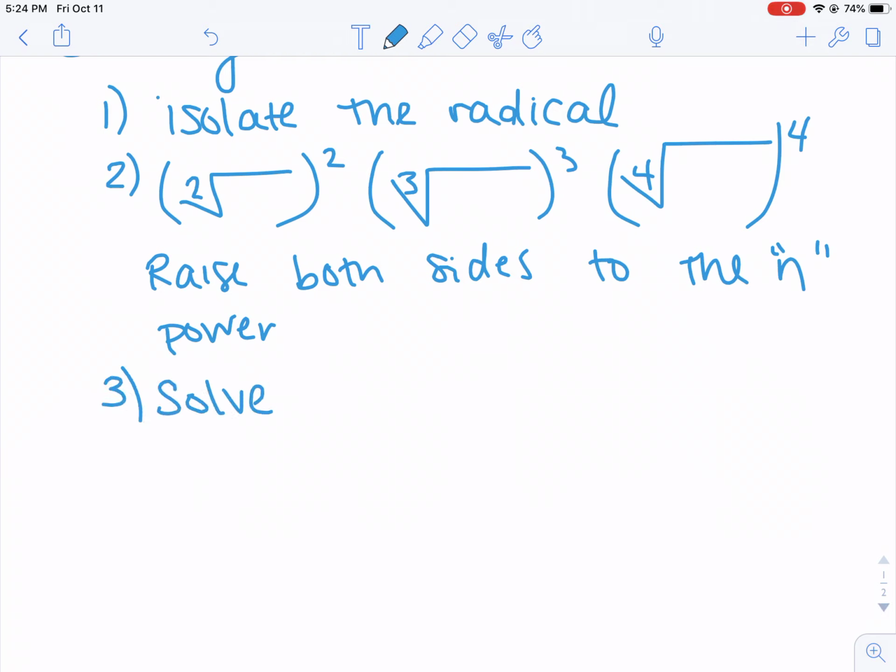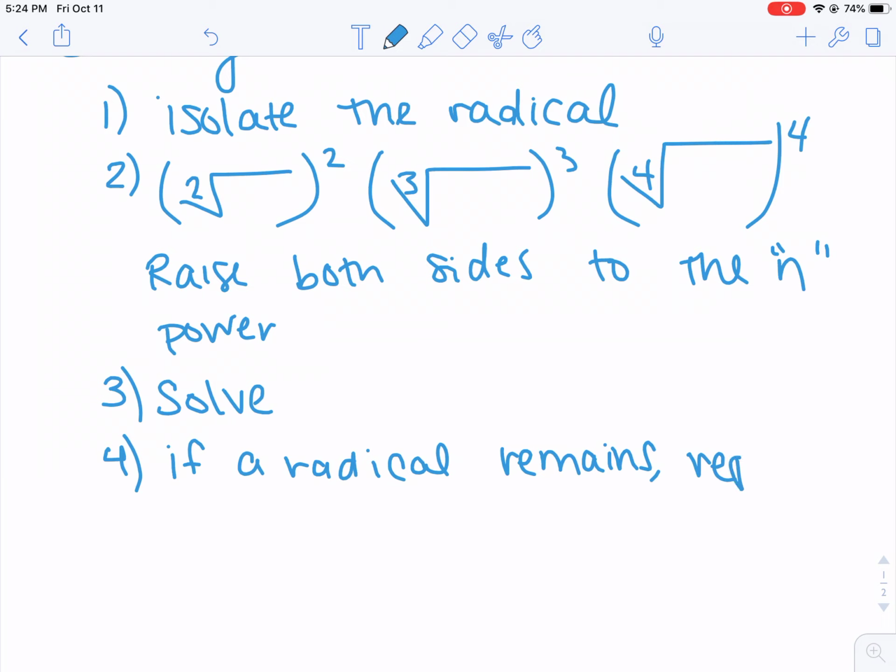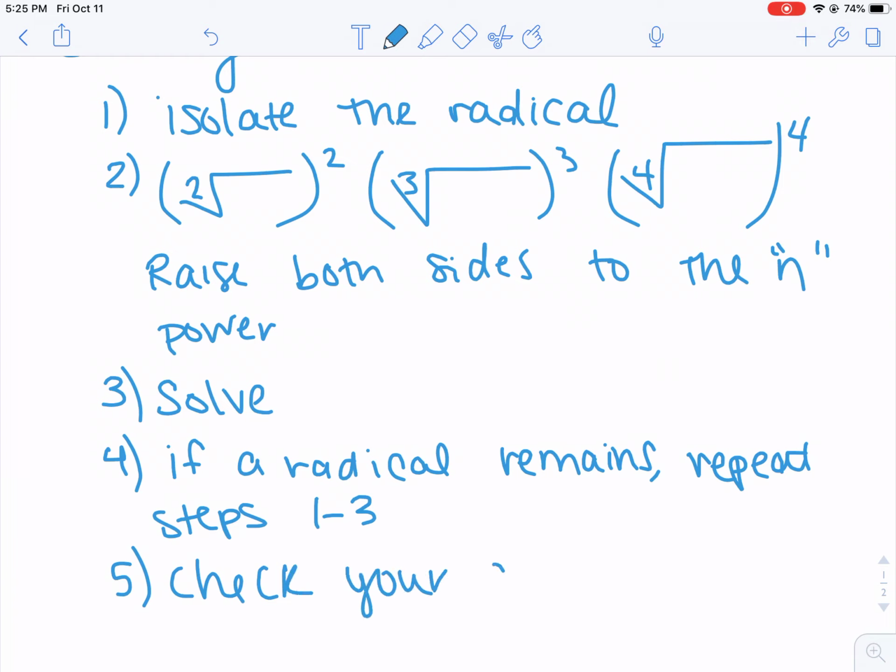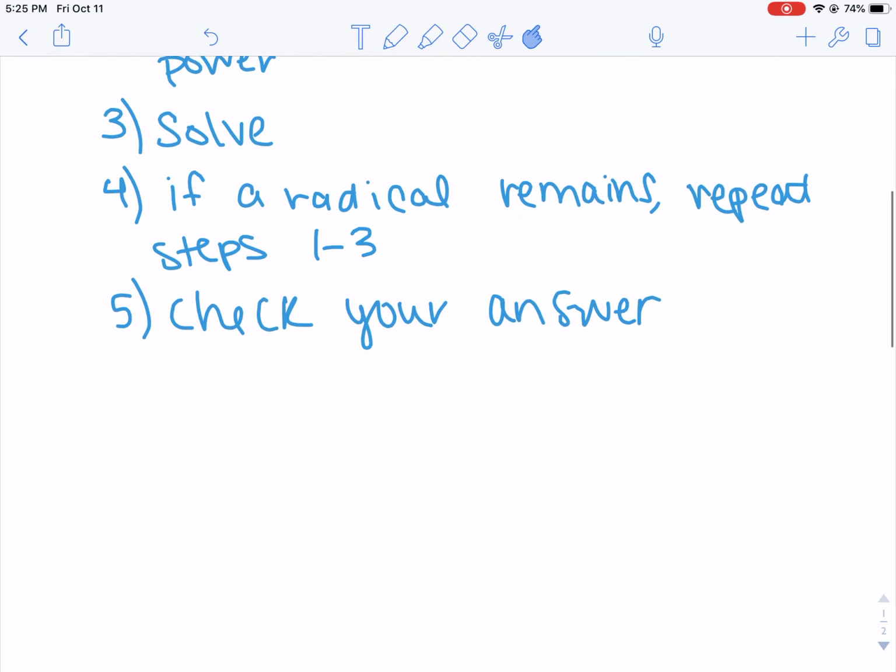If there's a radical still, we're going to repeat those steps. And then you're going to check your answer because sometimes they don't always work out. Okay. So those were the steps we went through today in class.